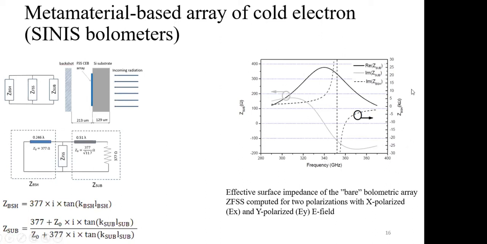And this curve is important for etching and fabrication, because at the target frequency we can see the function of the impedance of the substrate and the impedance of the back short section of this design.